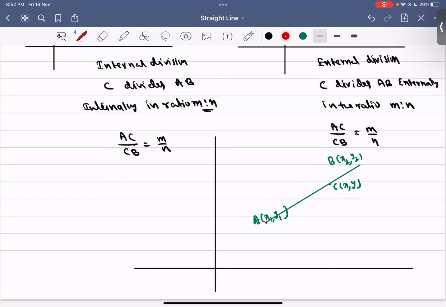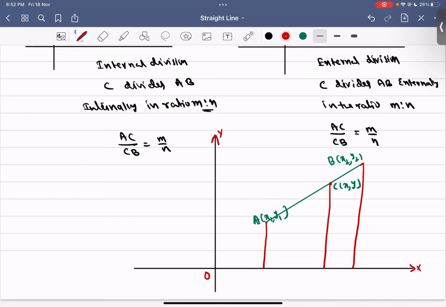Now the ratio is m is to n. Drop the perpendicular from A on the x-axis, drop the perpendicular from C on the x-axis, and drop the perpendicular from B on the x-axis. This is the origin, this is the y-axis, and this is the x-axis.